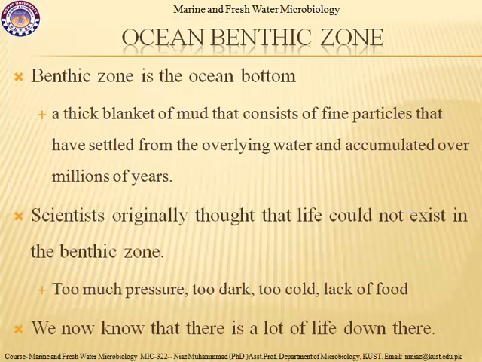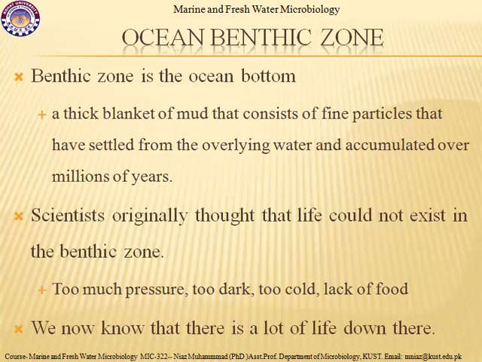So, ocean benthic zone. Now we were talking up to this the estuarine region, which is the most productive zone, supporting the different fishes, different ecological life, aquatic life. Benthic zone is the ocean bottom.